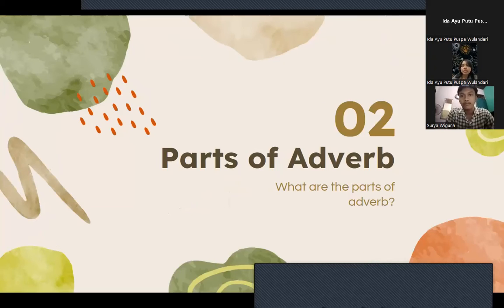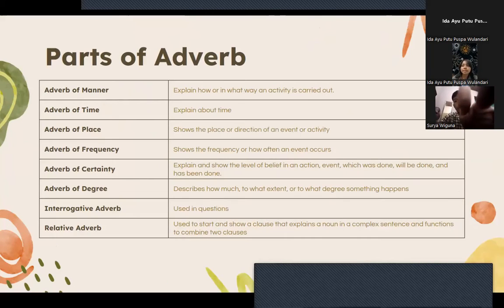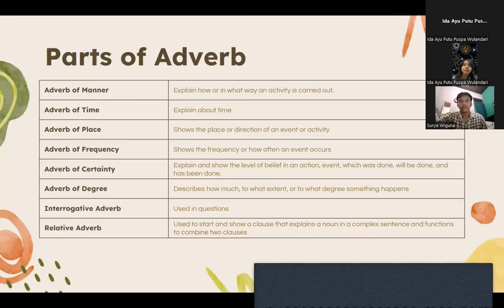The next material is parts of the adverbs. What are the parts of the adverbs? As you can see on the table, there are several kinds of adverbs. The first is adverbs of manner, that explain how or in what way an activity is carried out. The second one is adverb of time, explaining about time.